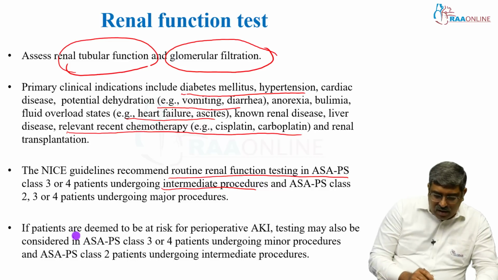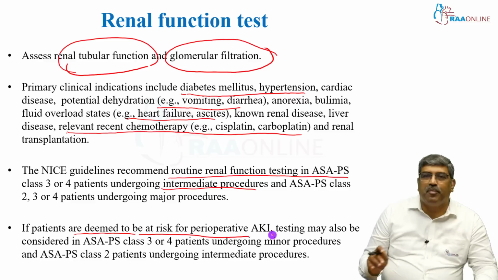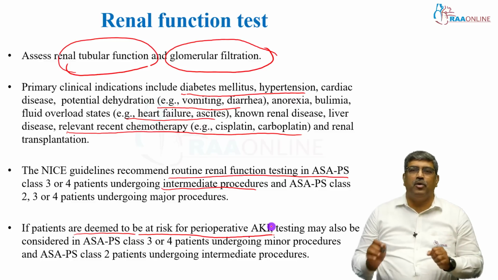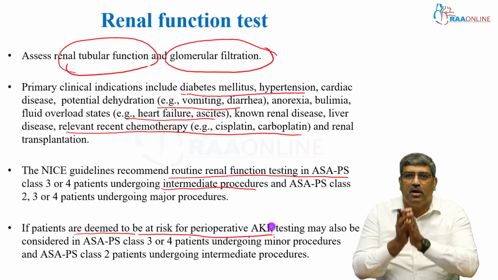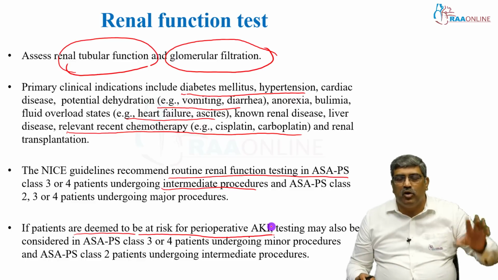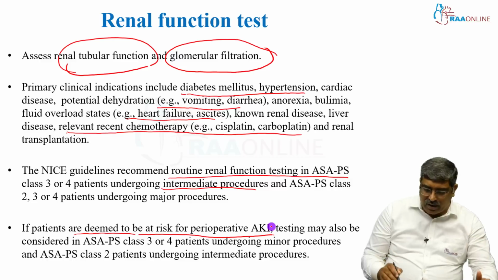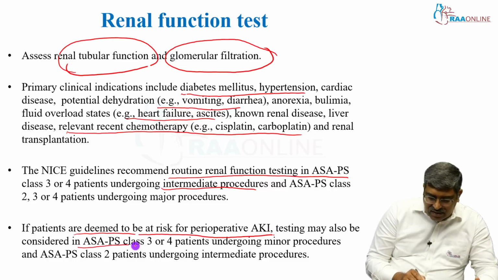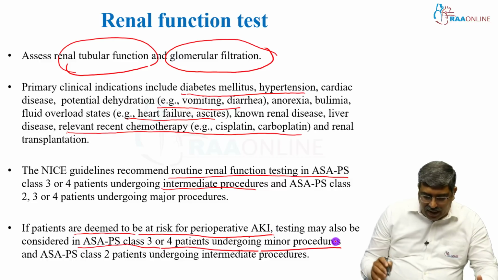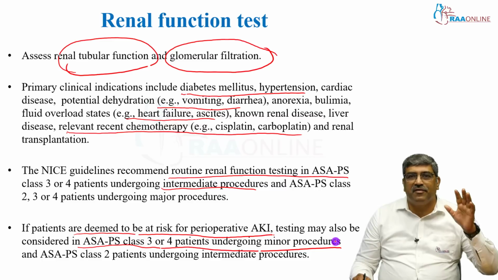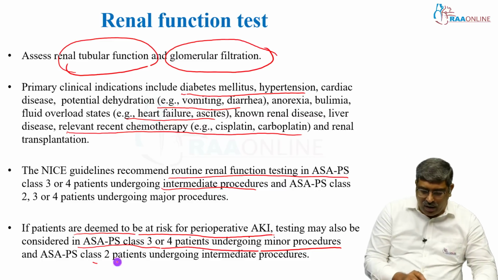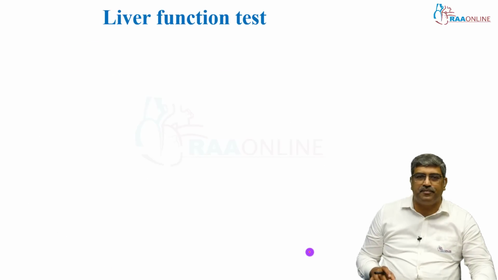If patients are deemed to be at risk of perioperative acute kidney injury, you anticipate there are certain risk factors for acute kidney injury. If those factors are present, you can do that testing in ASA physical status 3 or 4 undergoing even minor procedure or ASA physical status 2 undergoing intermediate procedure.